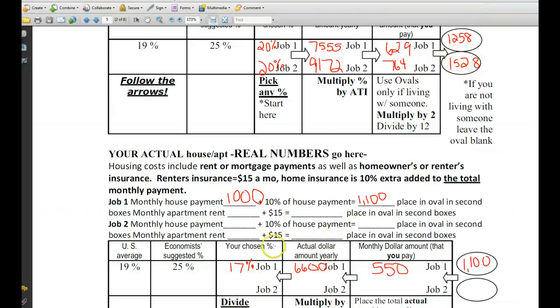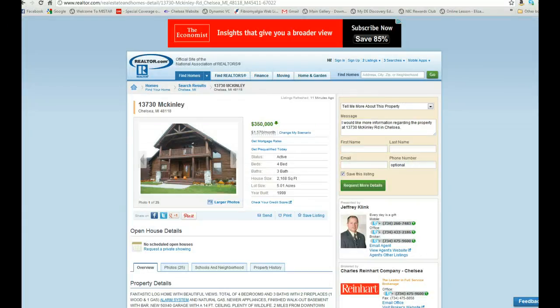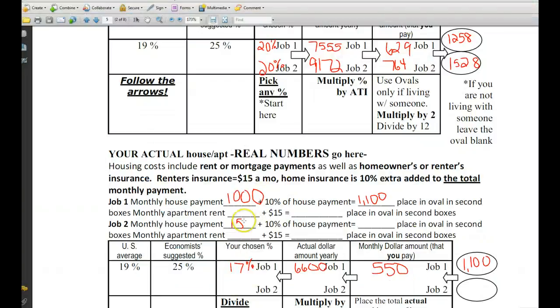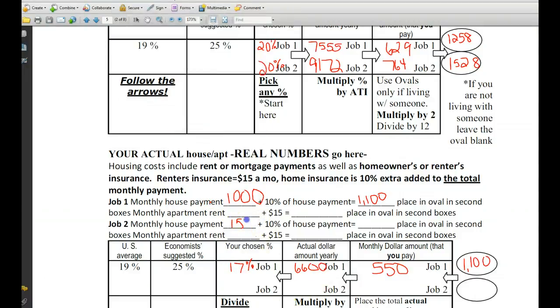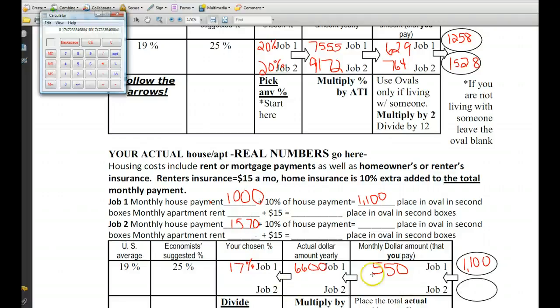So we need to find out what 10% of 1570 is. 1570 times 0.1 equals 157, and then I add plus 1570, which equals 1727.